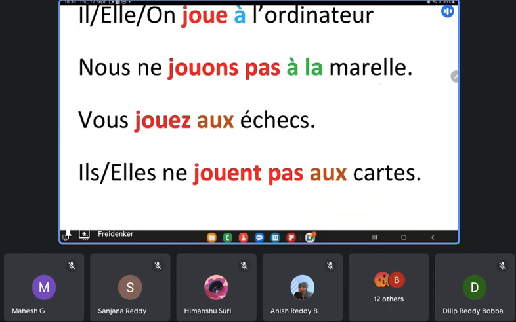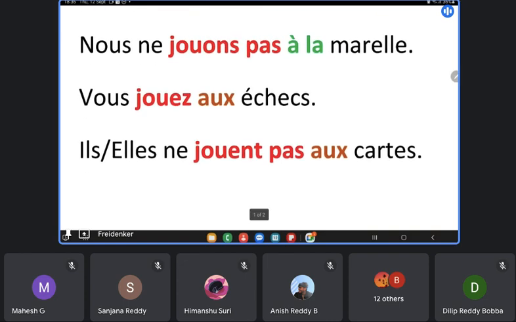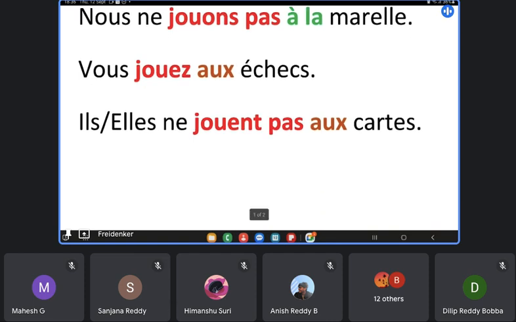In the minor one worksheet that we got, we were given pictures and we were supposed to write them in French. So marelle was one of them, hopscotch. Vous jouez aux échecs. You play chess. Il, elle ne joue pas aux cartes. They don't play cards, or they're not playing cards.